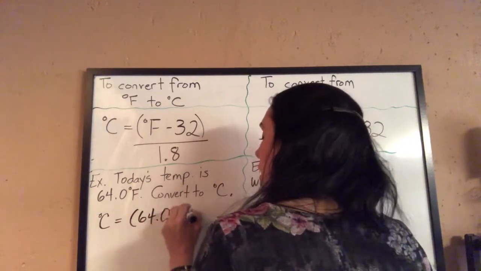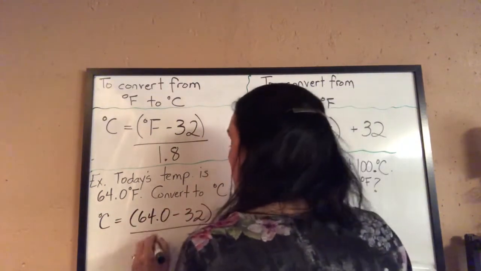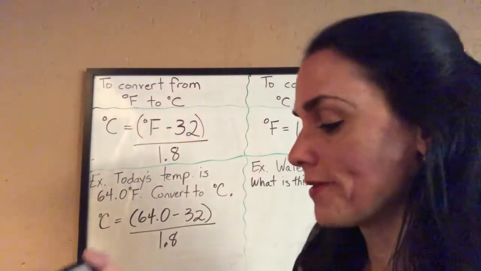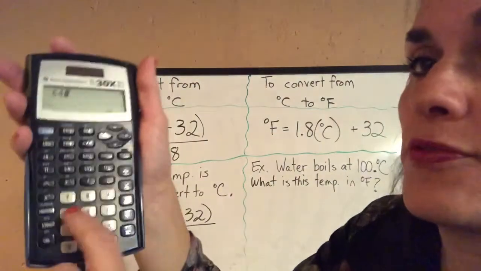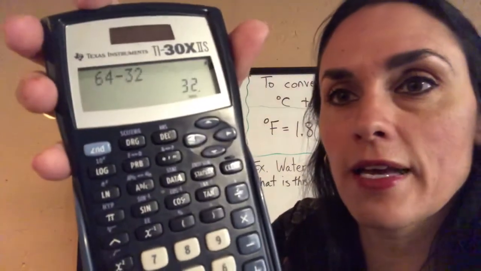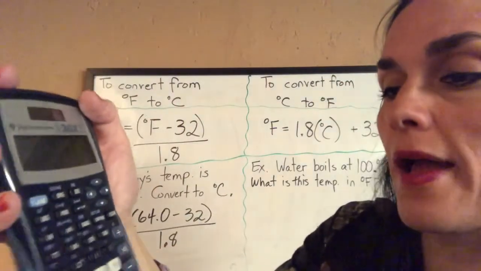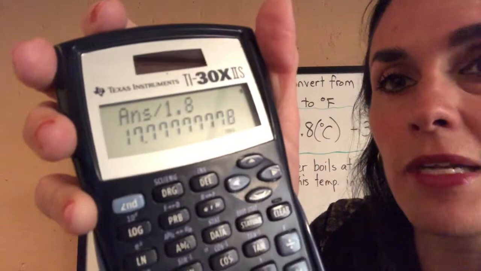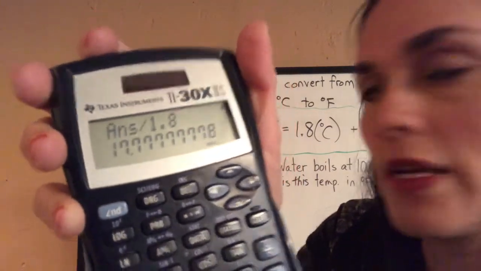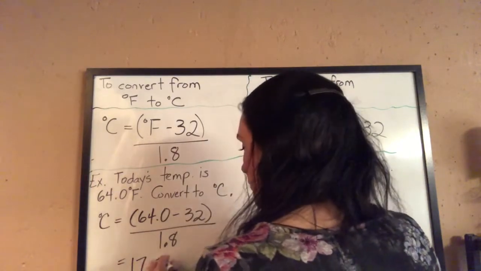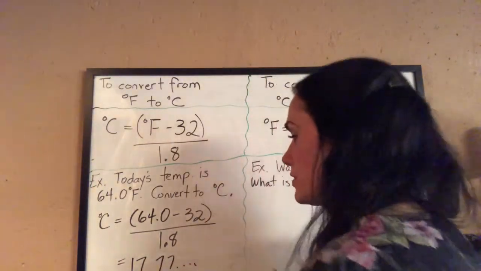64 minus 32, that difference, divided by 1.8. So put it in your calculator, 64 minus 32, and you can enter that and then divide by 1.8, and you get a non-terminating, repeating decimal, 17.77 and so forth, degrees Celsius.